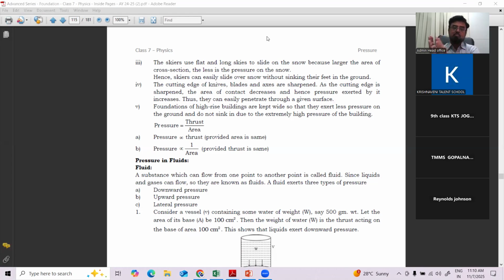Where we want less pressure, like on ice slides, we use more area. More area, less pressure; less area, more pressure, when the force is constant. That is, pressure is directly proportional to force and inversely proportional to area of contact. That is the simple idea we understood till now with various day-to-day examples.